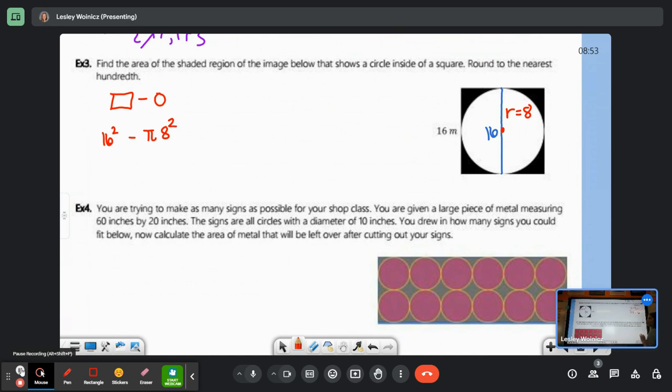So our shaded area, let's round to the nearest hundredth because that's what the directions say to do. I'm doing 16 squared minus pi times 8 squared. I'm getting 54.94.